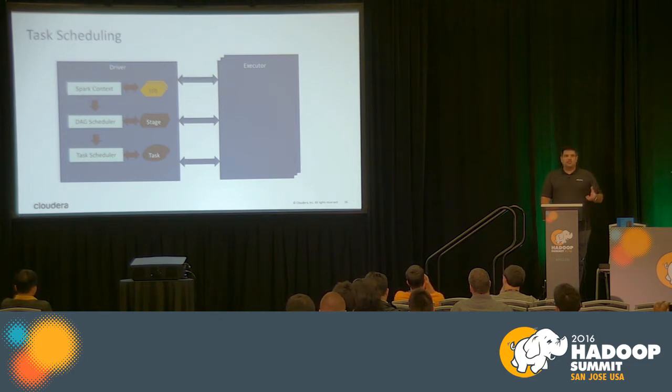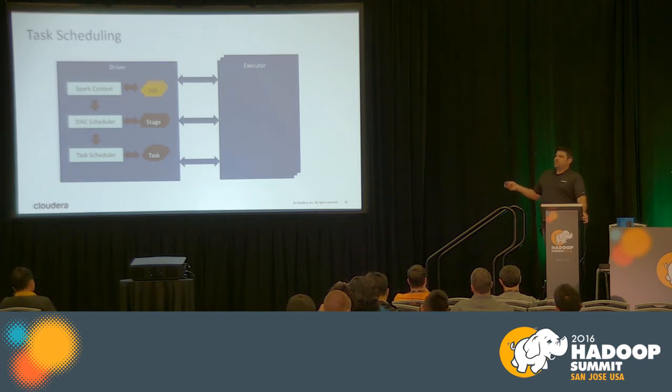The work that it breaks it down into are called tasks. And a task, you can think of as computation that is coupled with a partition, right? What data you're running across, and then what operations you're running on that data. So ideally, we want the task to be run on a machine that has the data. Otherwise, we're going to have to remotely read the data from a different machine in the cluster.